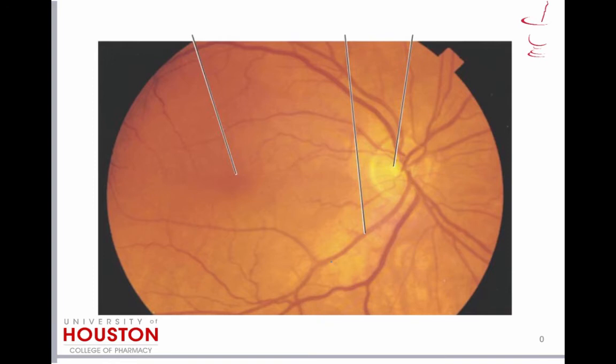So this one right here is an artery. The veins are going to be wider, and they're going to be darker. So the blood returning is a little darker because it's deoxygenated. The arteries, when you actually look at them, have a little bit of shine, almost look like they're under more pressure, because they are under more pressure in that case.